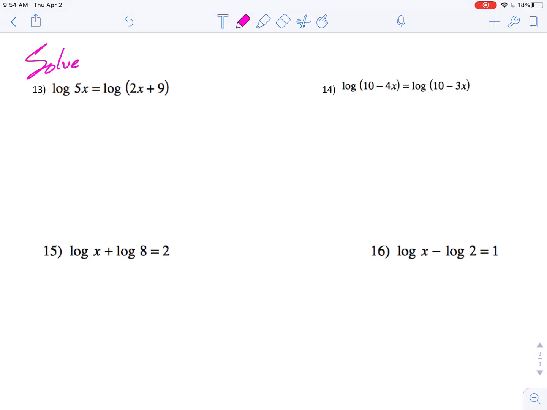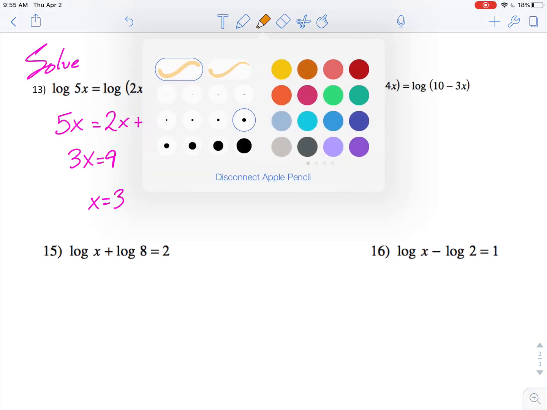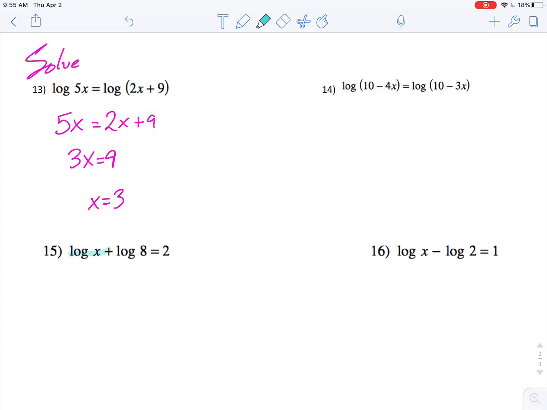So what you notice here is I've got 2 logs, so log equals log, where they have the same base of 10. So it's not there, you don't see it, it's just 10. So what I can do is I can say 5x equals 2x plus 9. And then I can solve for x. 3x is 9, and x is 3.